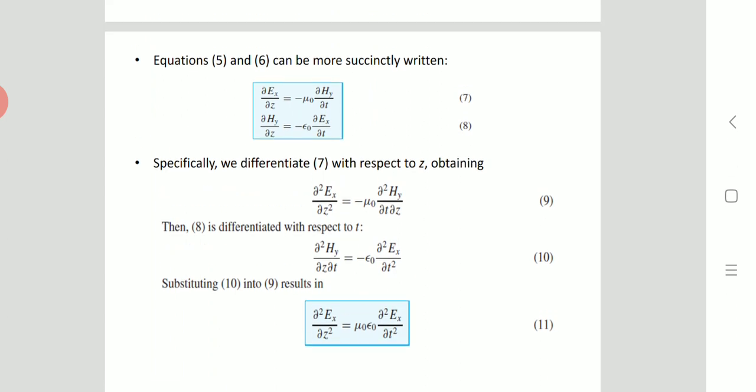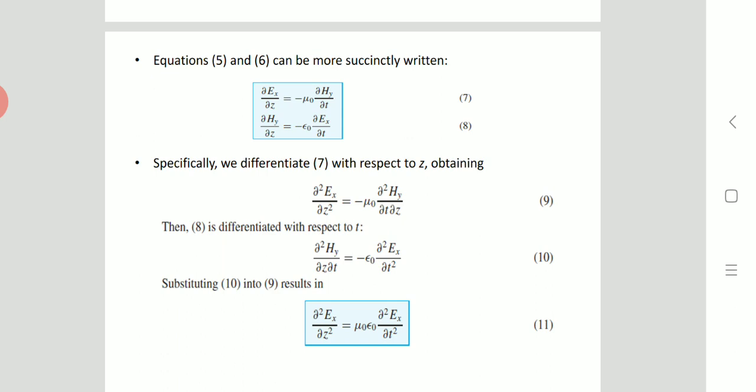Now substituting 10 in 9, we get the result dou square Ex divided by dou z square equals epsilon naught mu naught dou square Ex divided by dou t square. This is the wave propagation equation for the electric field.